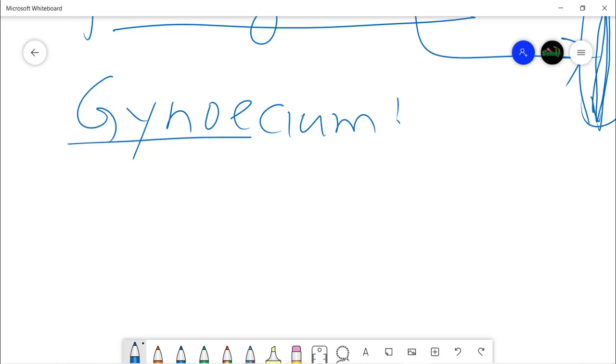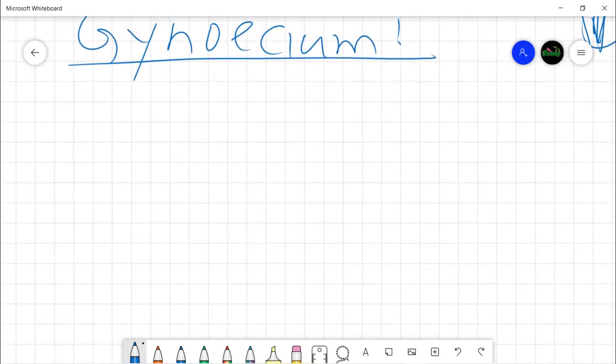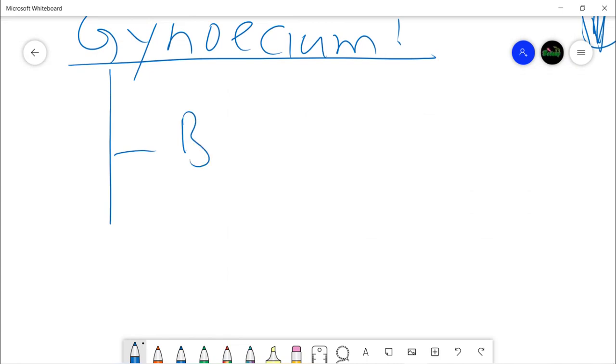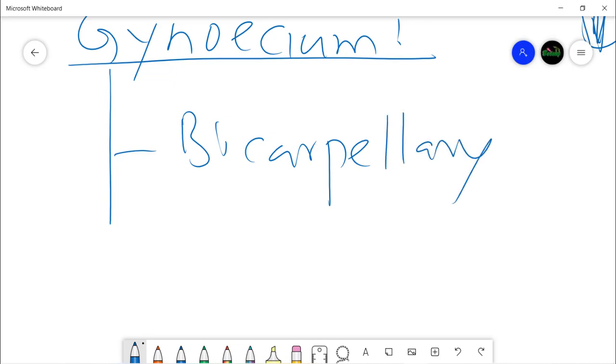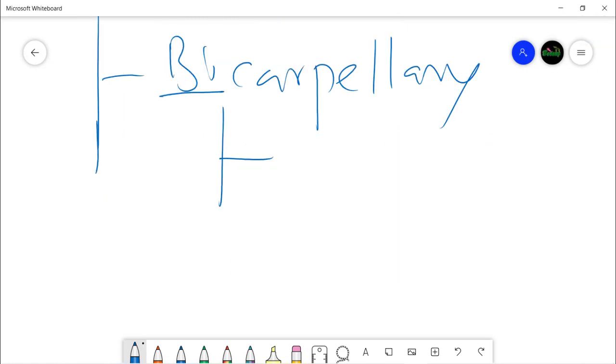So gynoecium in family Apiaceae, and this is the general terminology that is used for the description of gynoecium. Bicarpellary. So there are two carpels, and then we mention the union of the carpels. So it is syncarpous.